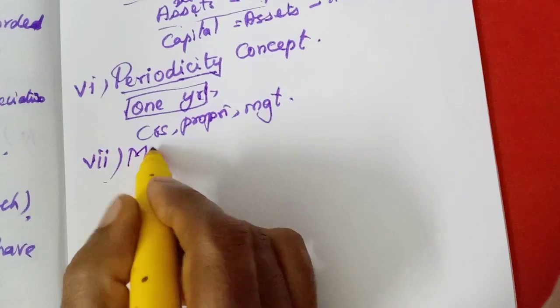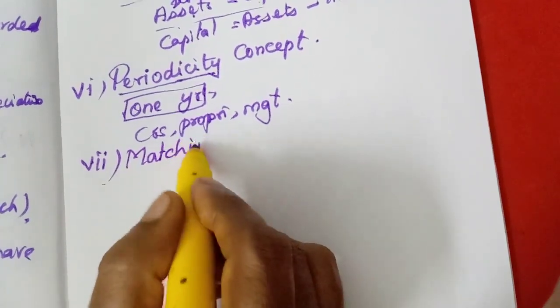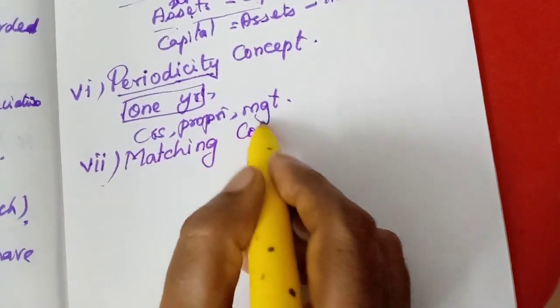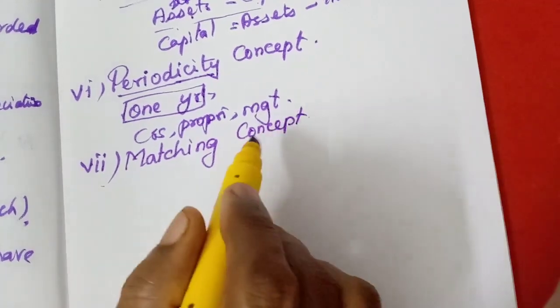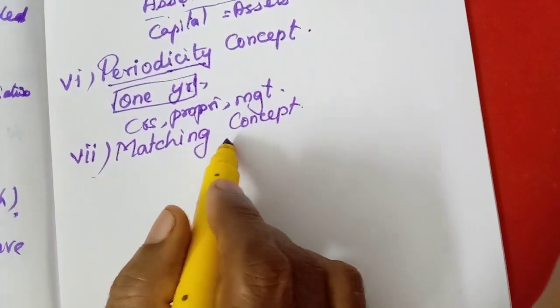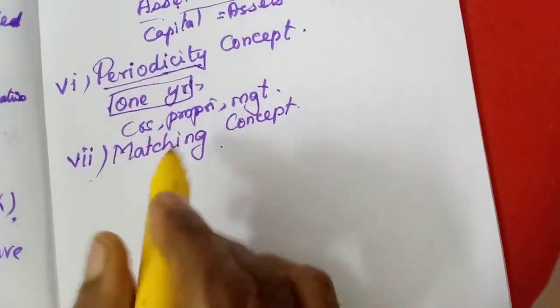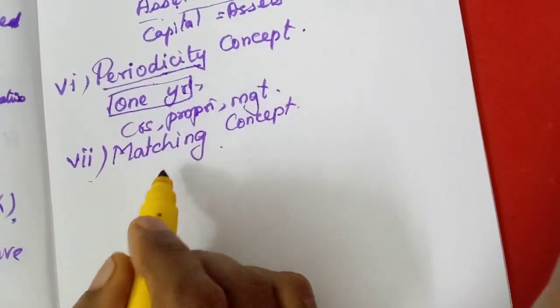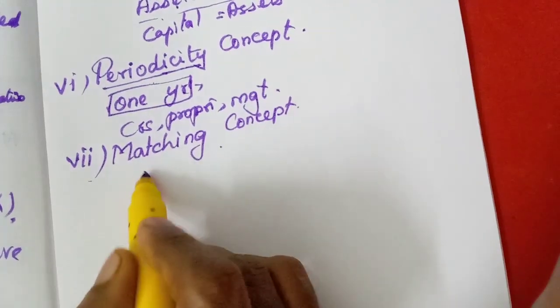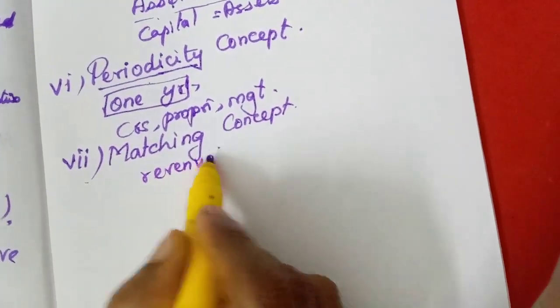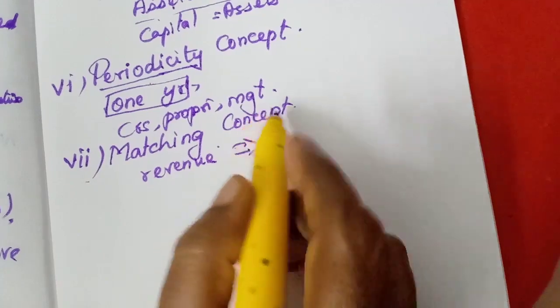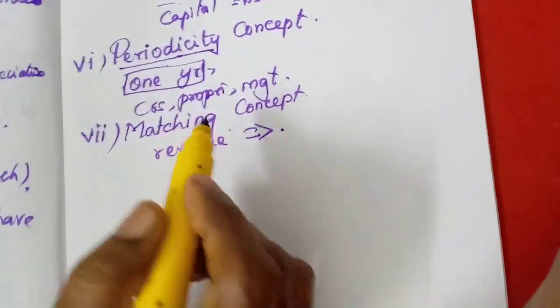Then the next one, matching concept. What are we matching? Here, what is matched with what? The accounting period is there now. For that period only we are going to match. So all the revenues are matched with the expenses incurred.